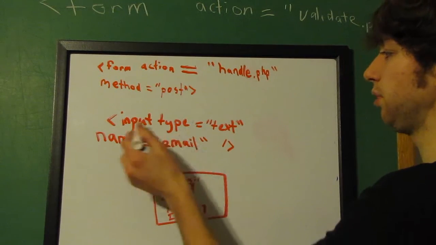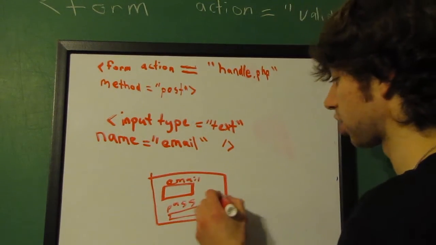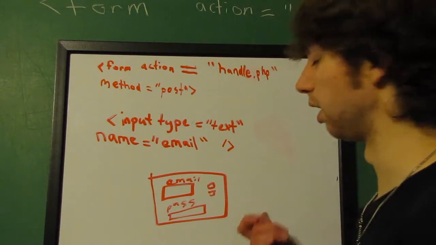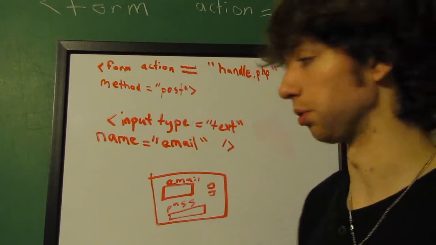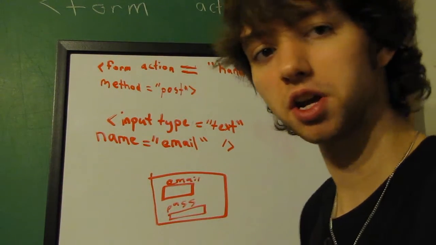Well, this input type, that's saying we want it to be a text rather than a checkbox where you can say, oh, you're a boy or a girl. That would be a radio button where you can pick one or the other. Or if it's like, select your favorite foods, then it'd be a checkbox.